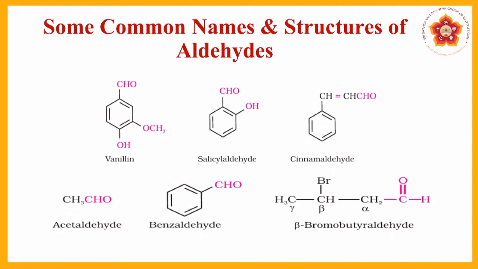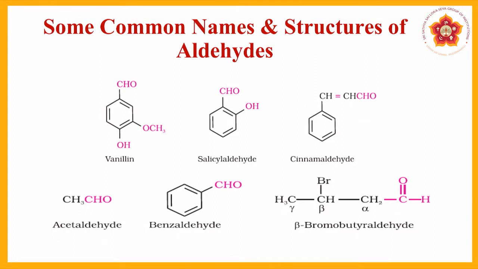Now, the question is why there is a need for a common name as well as an IUPAC name. Common names exist because earlier all these compounds were found individually and they went on naming them, but later on they realized that too many organic compounds are there, and that is where IUPAC came into play and a proper structure was identified.